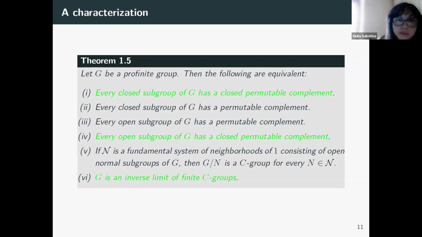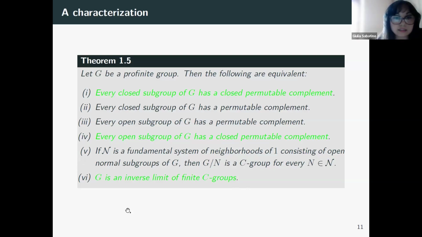Moreover, these groups are precisely groups where we can find a fundamental system of neighborhoods of the identity consisting of open normal subgroups, such that for every open normal subgroup in this fundamental system, the quotient is a C group. Moreover, a profinite C group is an inverse limit of finite C groups.